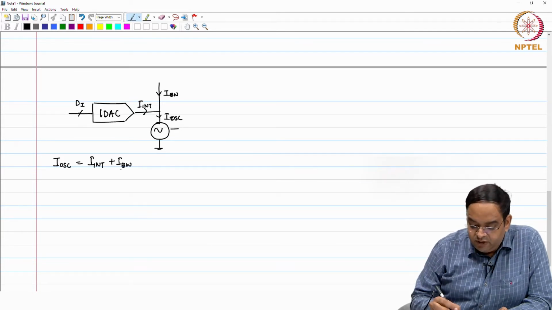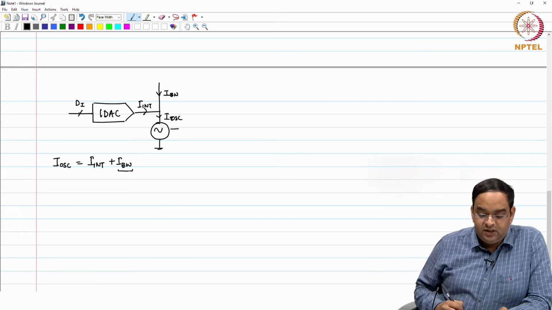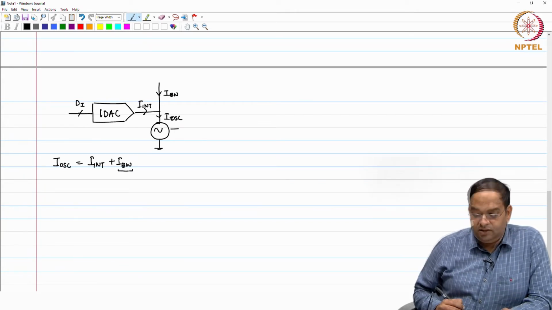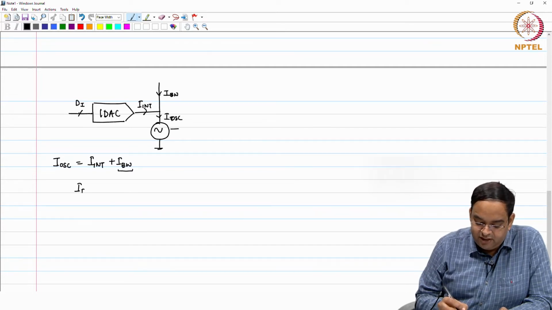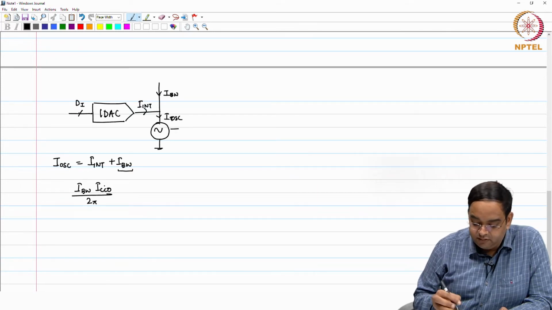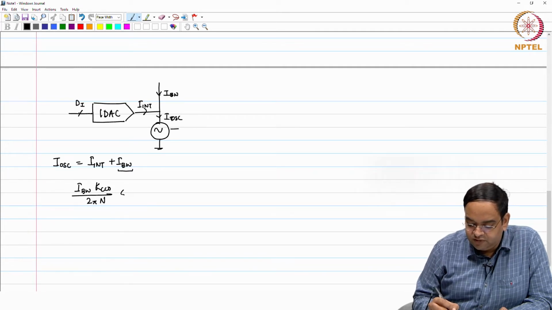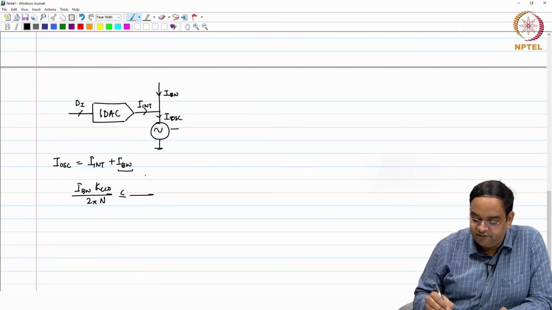Okay. There will be a limitation on I bandwidth, because the bandwidth which you can have limits your I bandwidth. We all know that the bandwidth of the PLL here is I bandwidth times K_CCO divided by 2 pi N, and this should always be less than or equal to omega ref by 10.